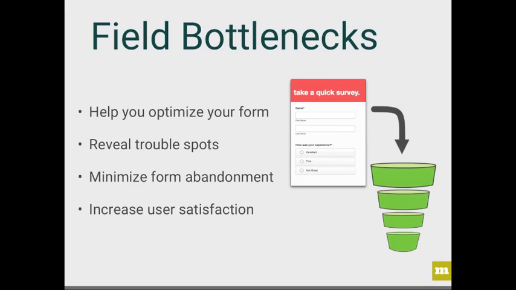And again, as digital marketers, we're tasked with how do we get more leads? How do we get more information or more inquiries, right? And so really what we're trying to do with some of these features is reduce the friction. And if we can identify those friction points with something like field bottlenecks, we can start to create a much better converting opportunity.